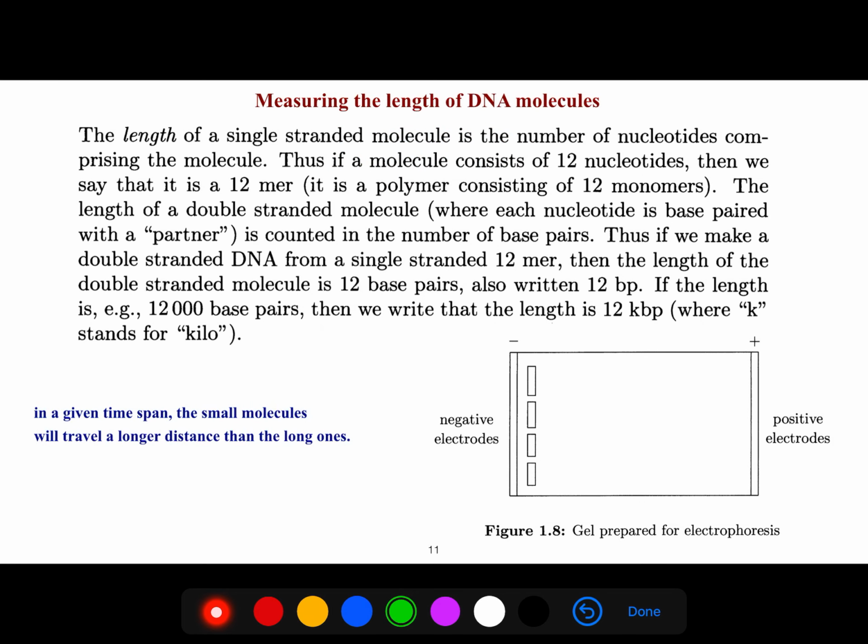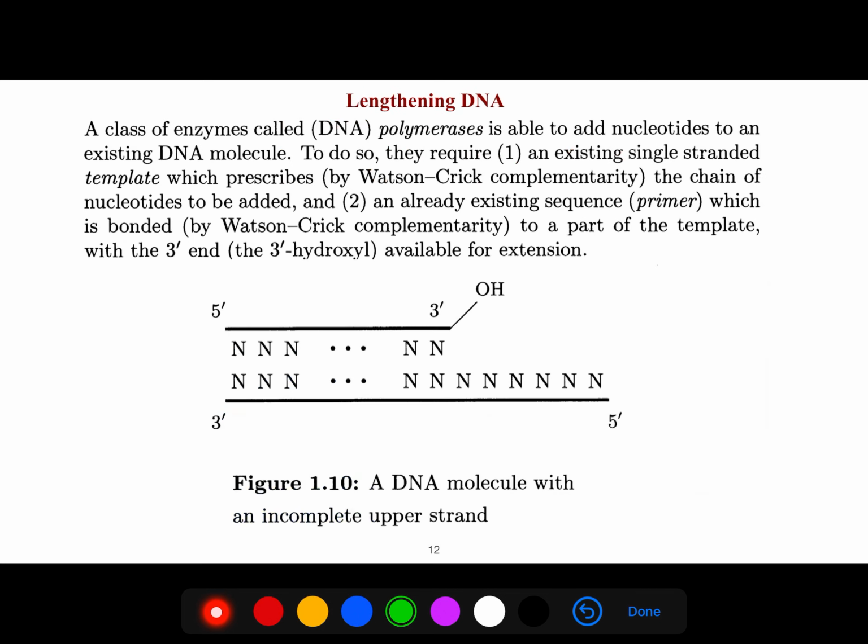So there are many ways for measuring the length of DNA molecules. For example, in a given time span, the small molecules will travel a long distance along the gel. So we understand that if it takes too much time, it's shorter. The length of that particular part of DNA is small.